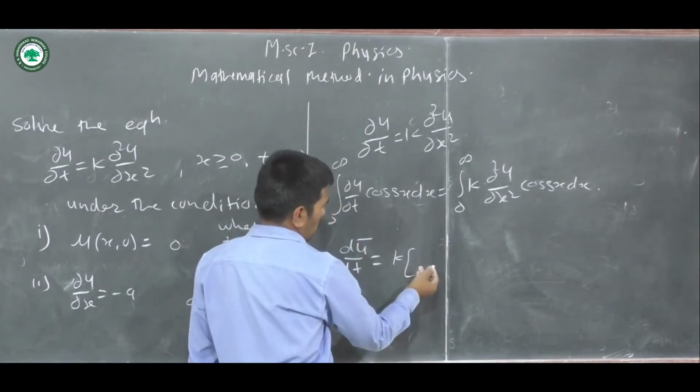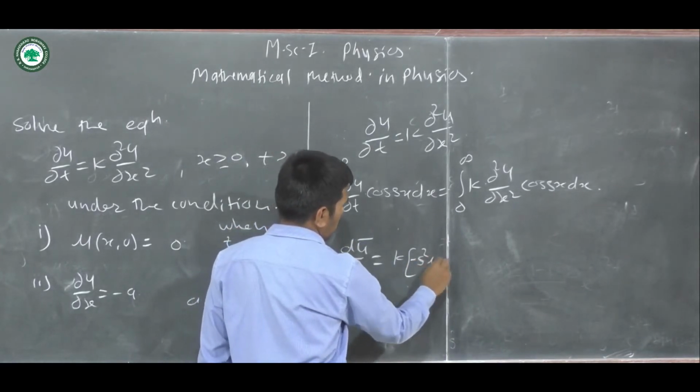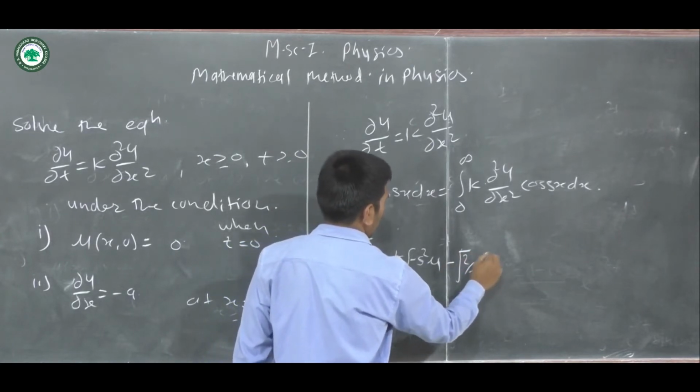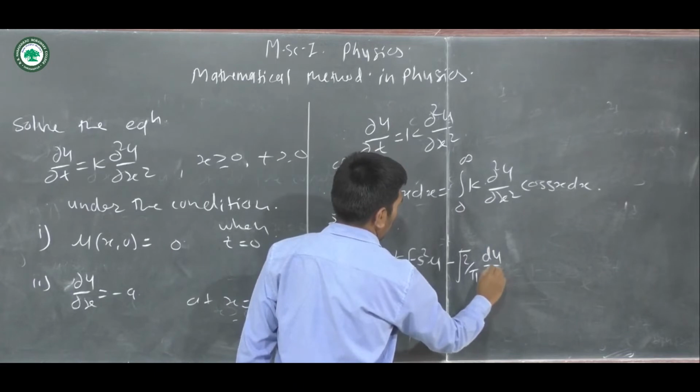So for that, it is minus s square u bar minus root 2 over pi du by dx.